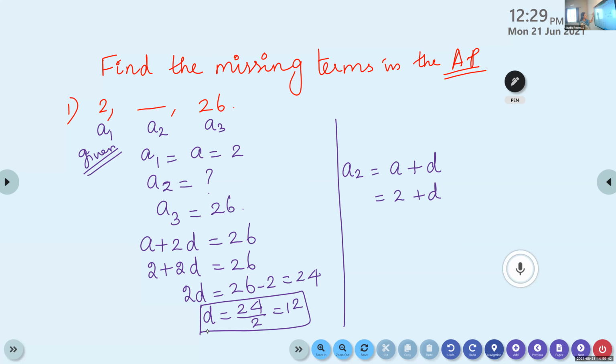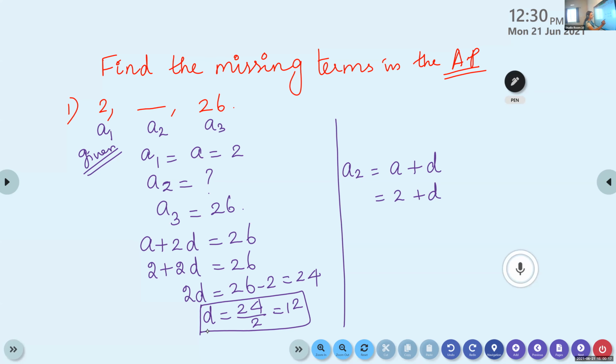So in the question, first term is given, second term we want to find. A2 is question mark, A3 is given. We apply the formula for nth term. A3 is A plus 2D, so 2 plus 2D is 26. Plus 2 on transposing gives minus 2. So 2D is 24, and D is 12. So common difference is 12.